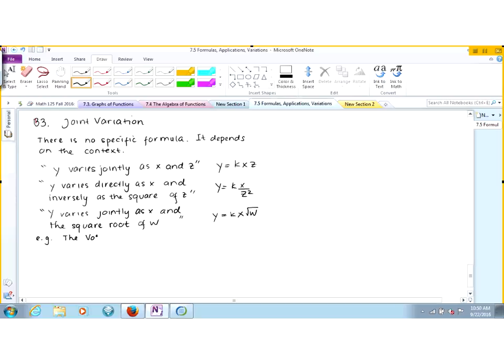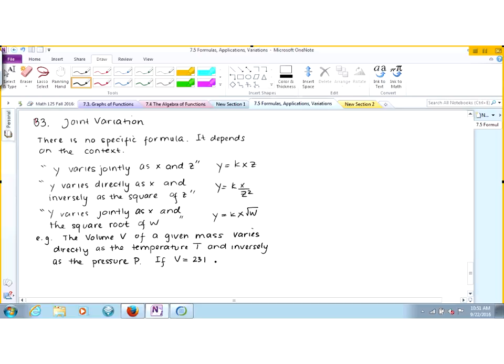So, for example, the volume V of a given mass varies directly as the temperature T and inversely as the pressure P. Got it?